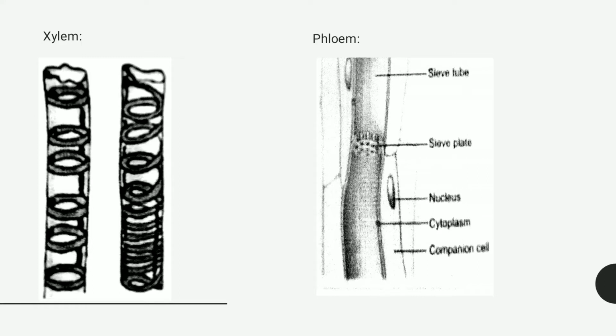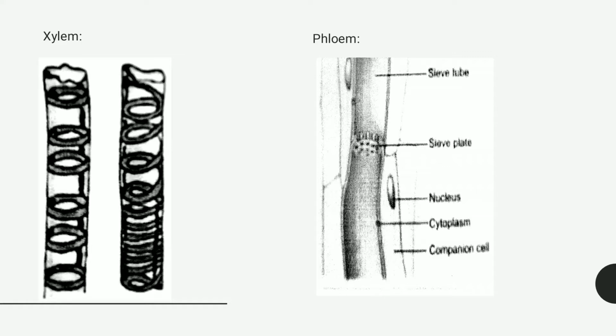The phloem consists of parenchyma cells, fibers, sieve cells or sieve tubes, and the most important cell, the companion cells. Again, I will repeat: the phloem is made up of parenchyma cells, fibers, sieve cells or sieve tubes, and the companion cells.